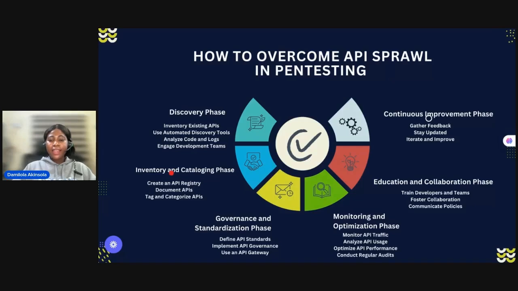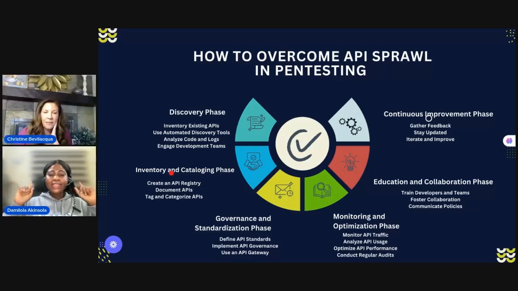So, like I mentioned, it's a continuous cycle of discovery, governance, monitoring, and improvement. You want to regularly update your processes to ensure that they address new challenges and help keep your APIs secure and efficient. So those are the six phases you actually need to follow.